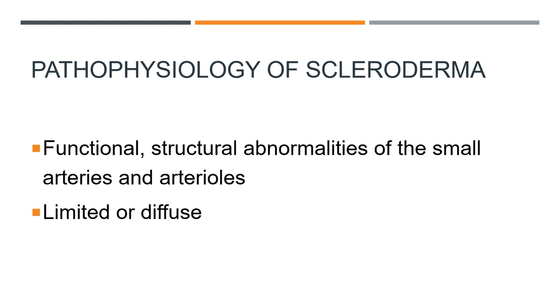Usually it will be the face only or the distal extremities only. It doesn't include organ involvement. These types of scleroderma tend to overlap, and patients will often have other connective tissue disorders diagnosed concurrently with the scleroderma.